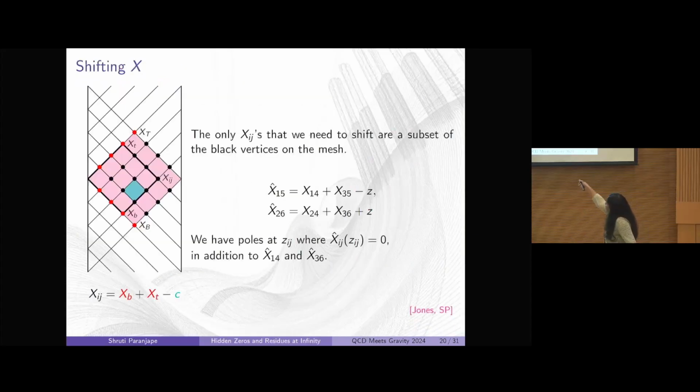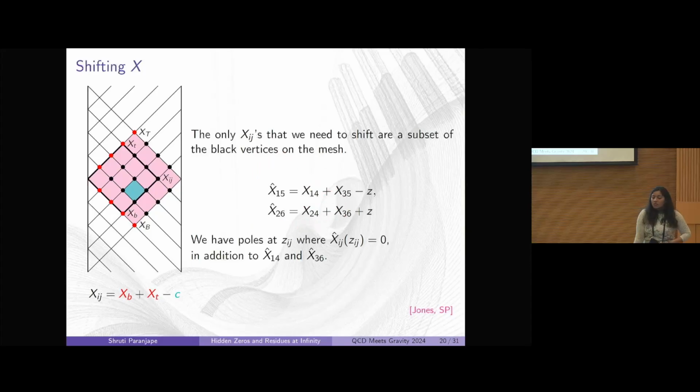So to do that, I solve for all of the other x's such that this pink diamond over here of c's is zero, meaning that I am actually on the near zero kinematics. Once I solve for that fact at 6-point, for example, I get these two x's, x15 and x26, to be shifted.